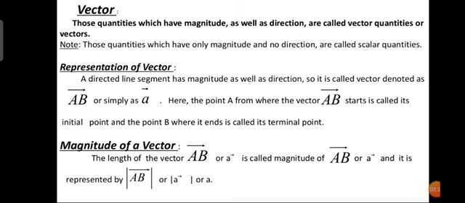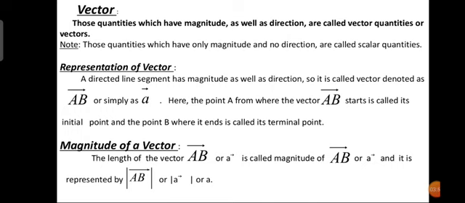And what is the magnitude of that vector? How will you find it? It is the length of that vector. If a line is drawn, it has a length, a measure, which we can measure using a scale. So the length of the vector is the magnitude.